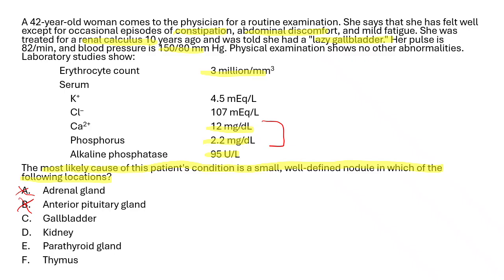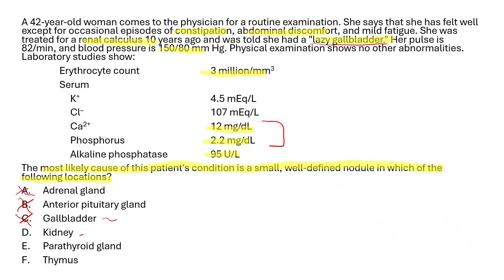C, gallbladder. I could see someone wanting to stick with this because there's this whole thing about a lazy gallbladder. But if I back off a little bit and look from a bird's eye view, does the gallbladder affect calcium regulation in the body? It doesn't. So even though this person has this weird lazy gallbladder in their history, that wouldn't explain the calcium abnormality. Kidney.